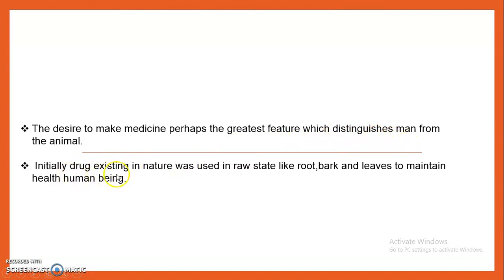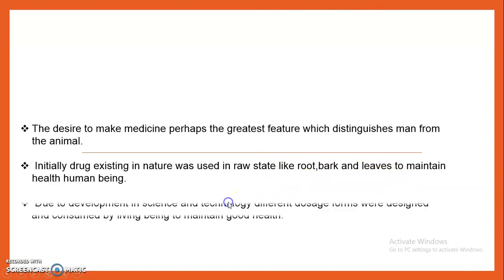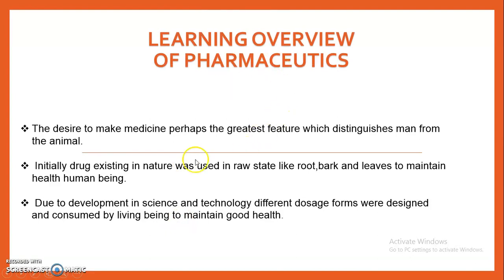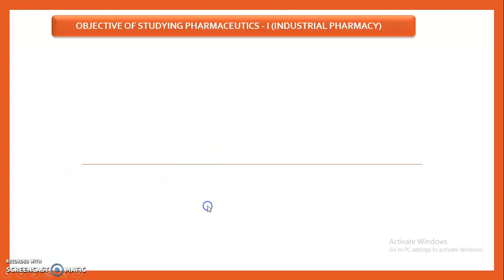Initially, the drug existing in nature was in a raw state like root, bark, leaves to maintain the health of human beings. Due to the development in science and technology, different dosage forms were designed and consumed by living beings to maintain good health. That is the learning overview of pharmaceutics.